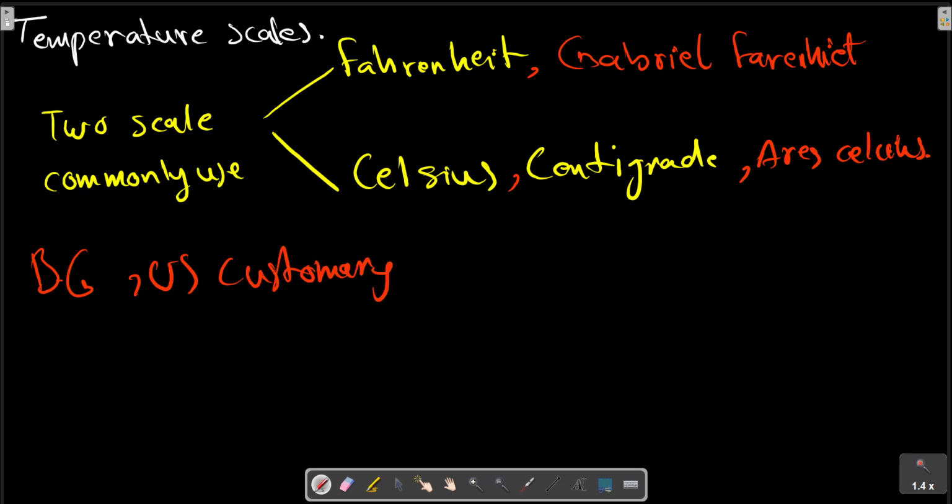We use Fahrenheit with the English system of units, and Celsius for the SI system.